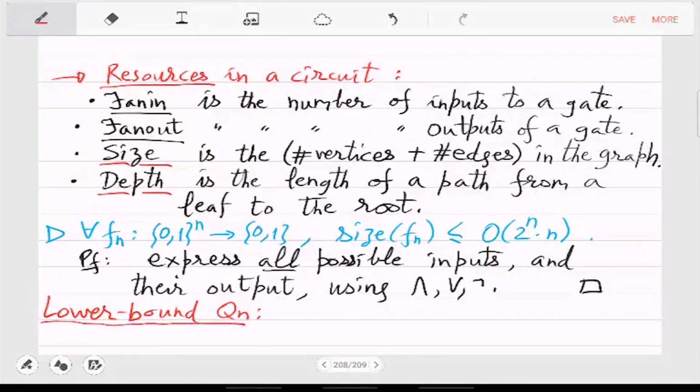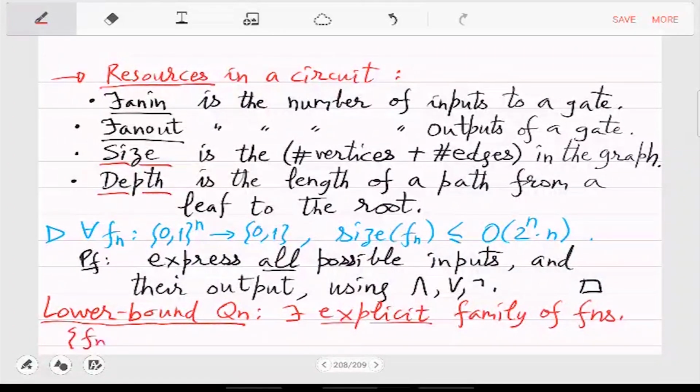The lower bound question is, does there exist an explicit family of functions Fn such that the size of these functions is 2 raised to n.